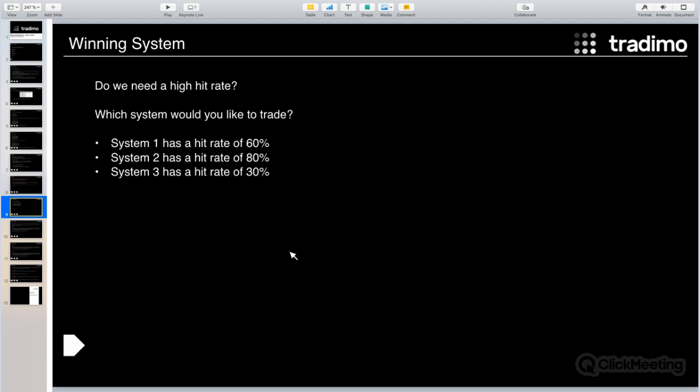Which system would you like to trade? System 1 with a hit rate of 60%, system 2 with a hit rate of 80%, or system 3 with a hit rate of 30%. Which system would you prefer? Or maybe your answer is, I don't prefer any system. This is up to you. Just shoot out. Use the chat box. I'm curious about your answers.